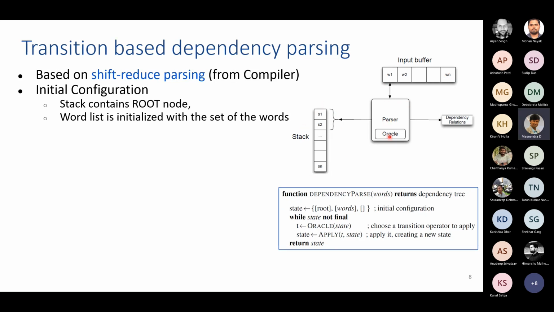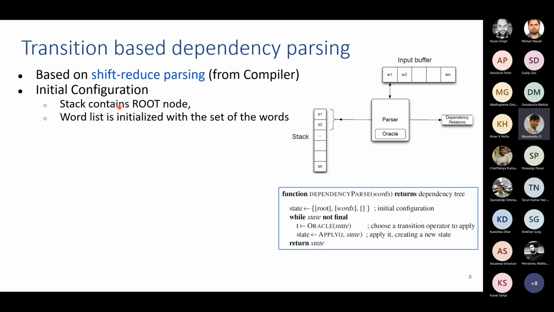Every time the parser will fetch something from the input buffer, make some decisions, and it will require modifications to the stack. The stack will have some initial configuration and some goal state configuration. Initially it contains the root node, and in the end we'll have the stack empty, or some special end marker.